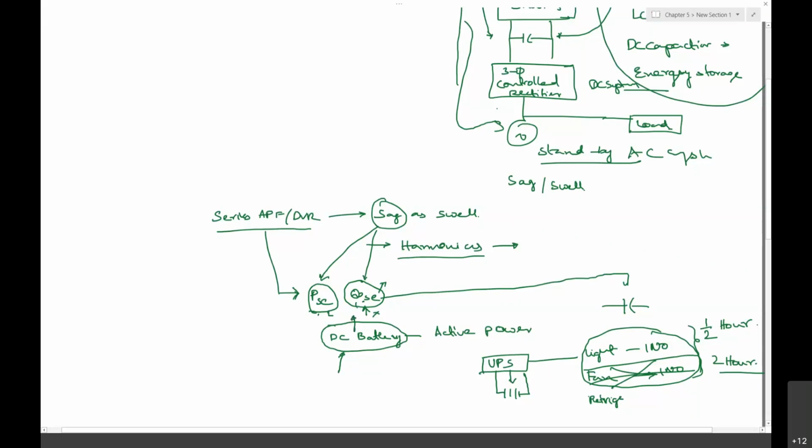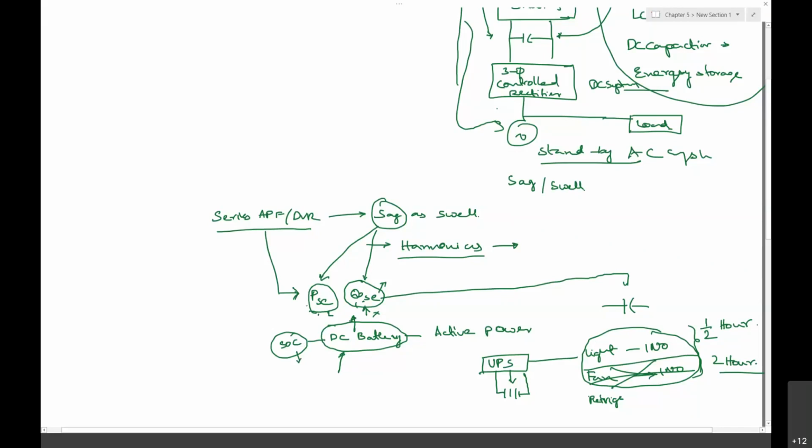While injecting the reactive power, it won't dry out the DC battery power, the state of charge, the SOC also.